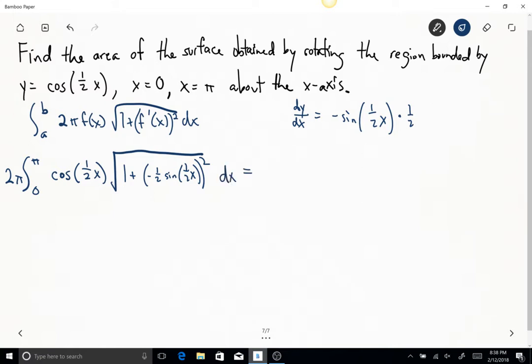So notice you can rewrite this thing as 2 pi, the integral from 0 to pi, and then we can write this as, oh, sorry, I got ahead of the cosine there.